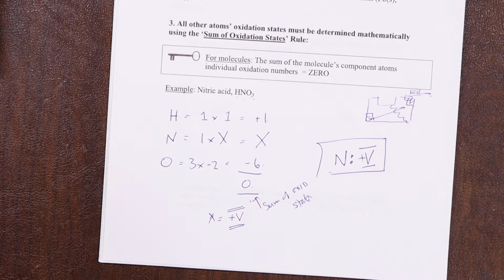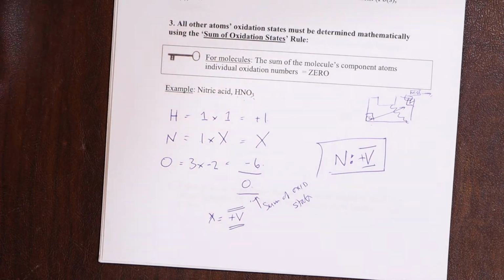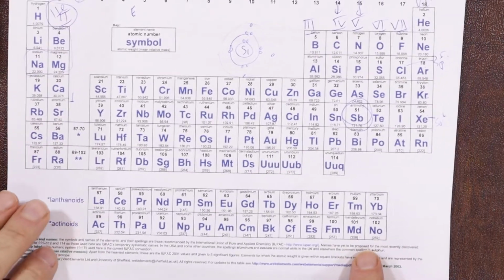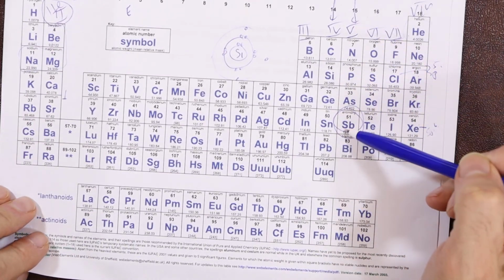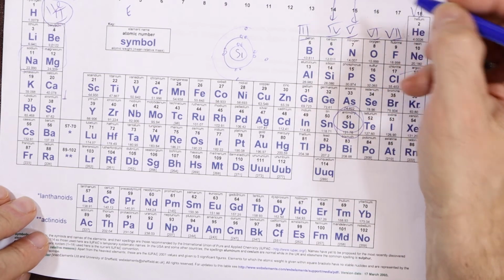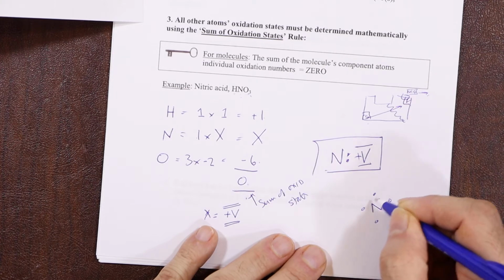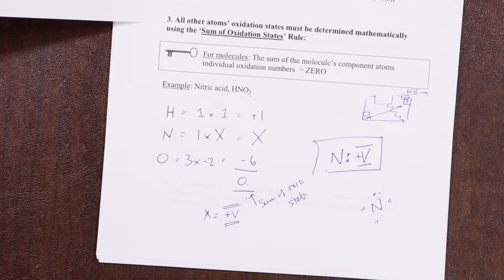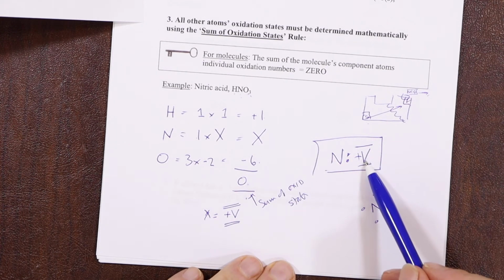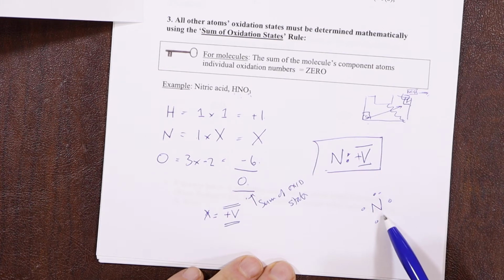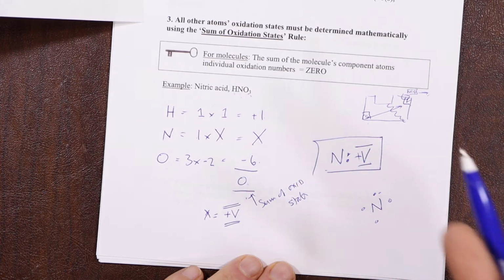Now, little trick: if you look in the periodic table, nitrogen is, classically, in column 5. If I did its Lewis structure real quick, 1, 2, 3, 4, 5, it has 5 valence electrons. Oxidation state 5 often is the same as the group number 5, because it's really counting how many electrons are being utilized in bonding.